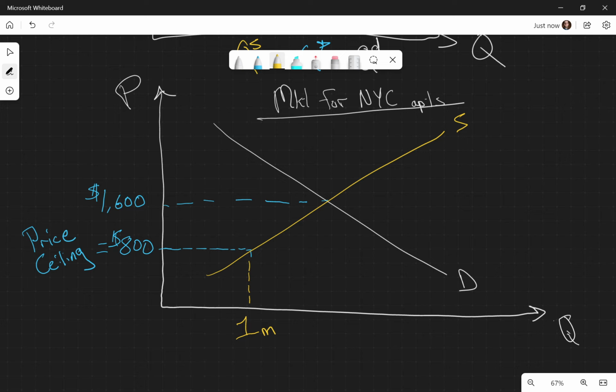So at this rate, there's 1 million that are going to be supplied. But at $800, we see from this demand schedule over here, there's going to be far more than 1 million apartments desired by consumers. In fact, there's going to be 3 million apartments desired by consumers. So this is going to result in a shortage of 2 million.